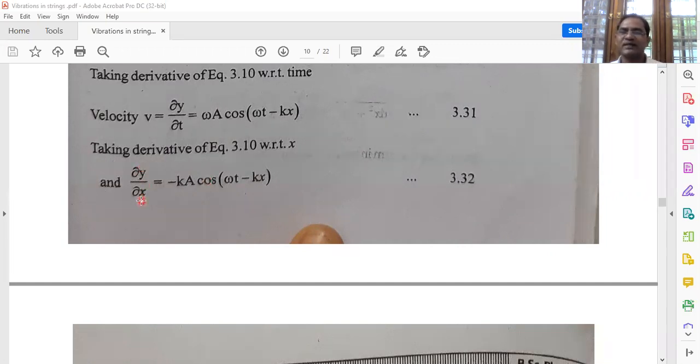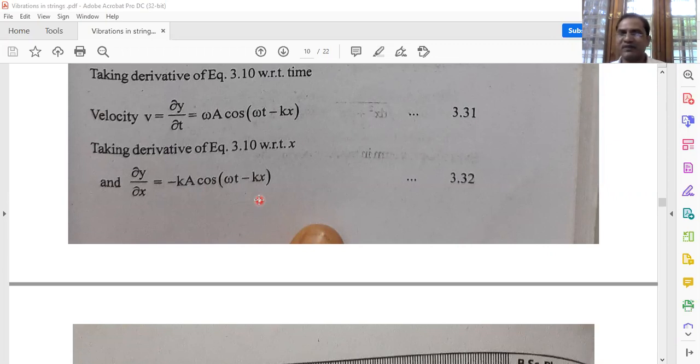∂y/∂x is equal to a constant. On differentiating the sine, we get cos(ωt − kx) into d/dx of (−kx), which gives a minus. Hence we get −ka cos(ωt − kx). Why are we writing ∂y/∂t and ∂y/∂x?